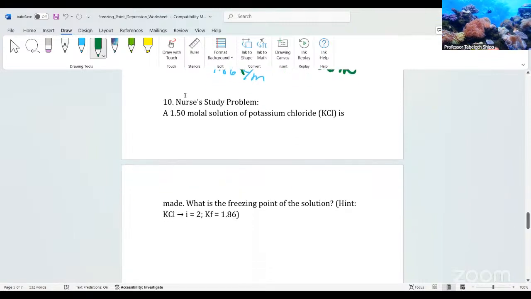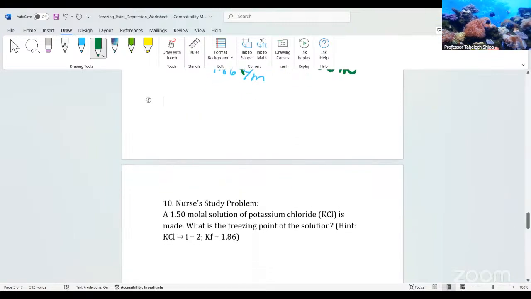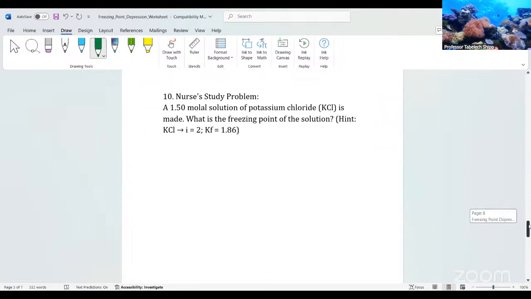Number 10. And again, this one should be pretty straightforward. Let's see. It says, and see, you have to understand the verbiage of these problems to know what they're telling you to do. All right. So it says a 1.50 molal solution of potassium chloride is made. What is the freezing point of the solution? Hint, potassium chloride's Van Hoff factor is 2.